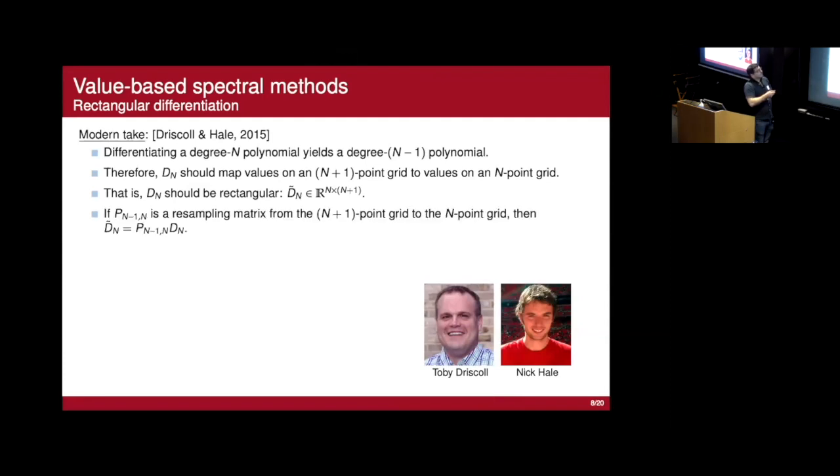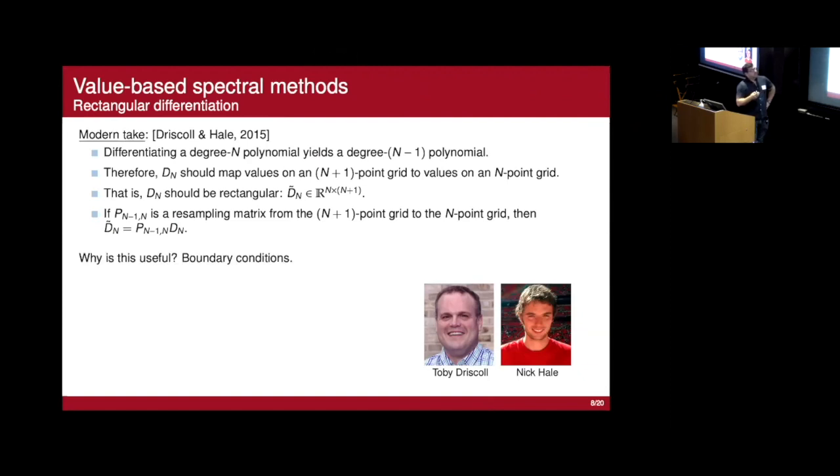If I have some sort of resampling matrix, which takes my n plus 1 point grid and maps it to an n point grid, then this operation of rectangular differentiation is just my traditional classical view of spectral differentiation on the grid times something that resamples from the n plus 1 point grid to the n point grid.